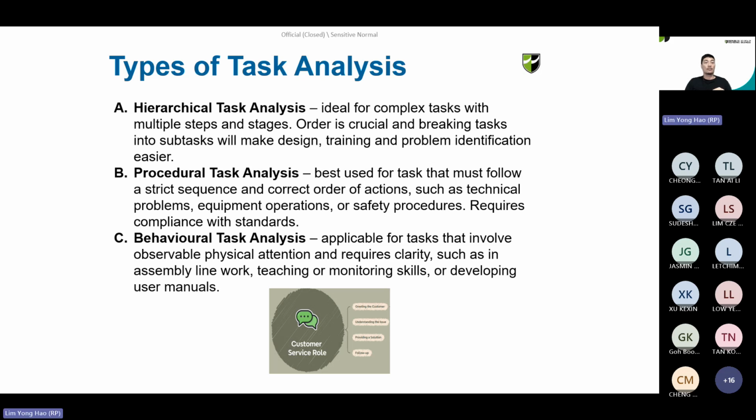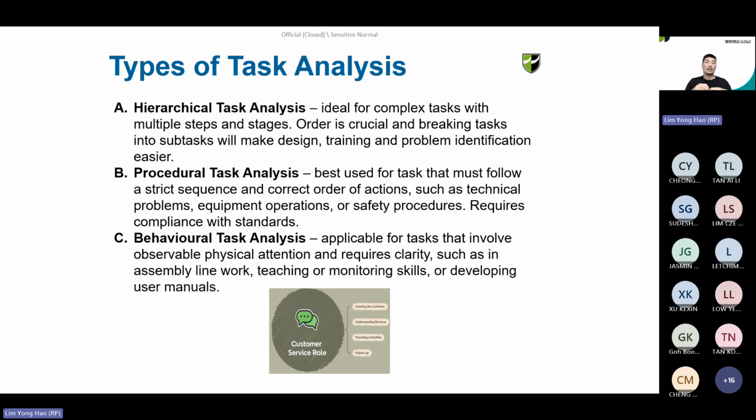So procedural task analysis, as the name implies, means there's a series of steps in the process and there's a sequence to it. Sometimes there may also be a correct order of actions. If you don't do certain things in a certain way, it doesn't work properly, or whatever output comes out of that work doesn't work properly.